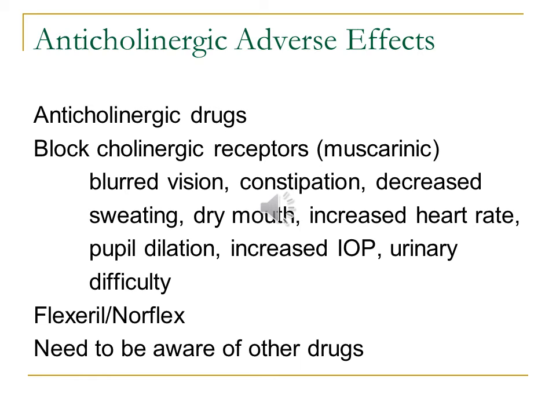So you have the potential for certain side effects associated with that: blurred vision, constipation, decreased sweating, dry mouth, increased heart rate, pupil dilation, increased intraocular pressure, urinary difficulty. The most common skeletal muscle relaxant drugs these are associated with are Flexeril and Norflex. Again, you just need to be aware of other drugs that may have similar adverse effects that the individual is taking.